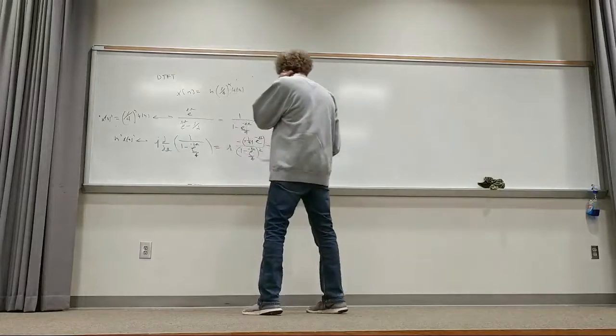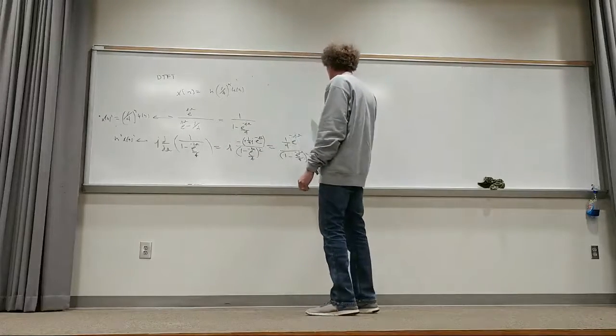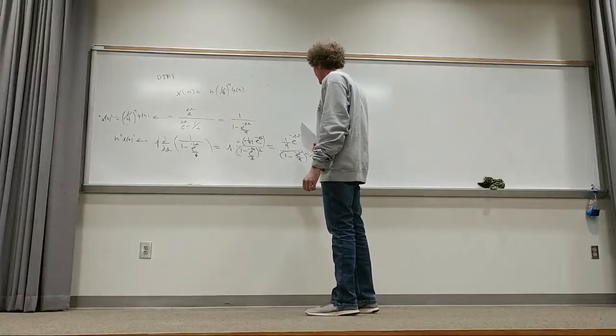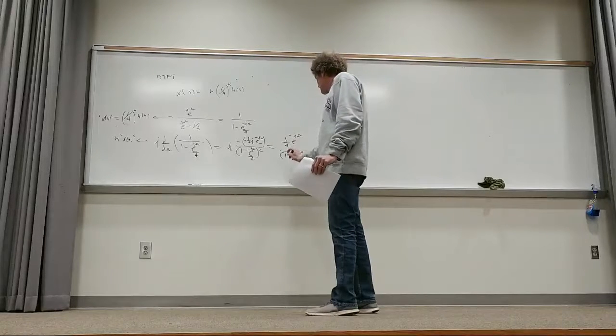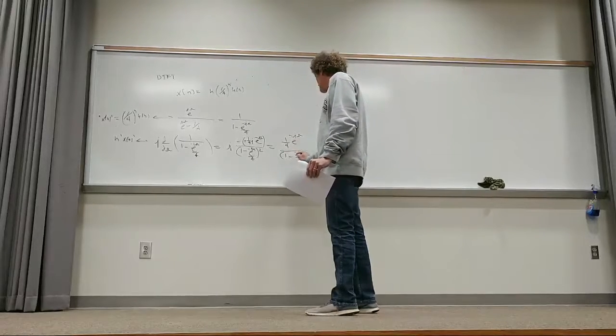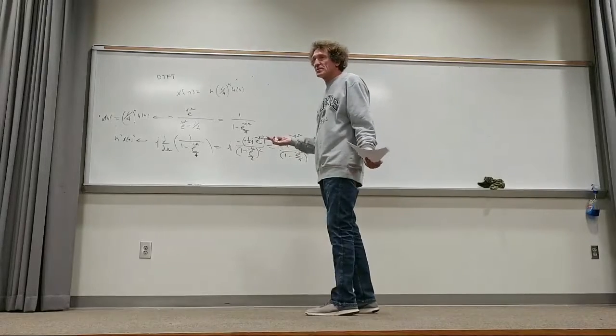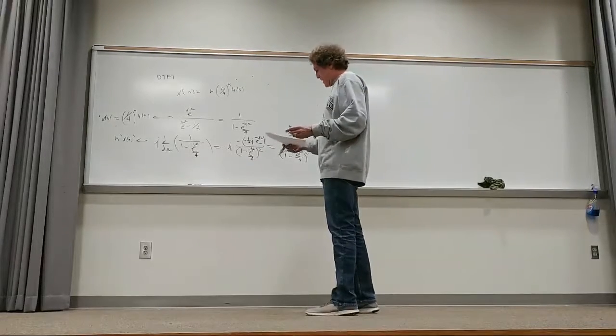And that's some form of the answer. Now, if you multiply top and bottom by e to the j2 omega, then this becomes positive, then there's an e to the j omega here, and there's minus 1/4 here. But any answer is correct, either one of those.